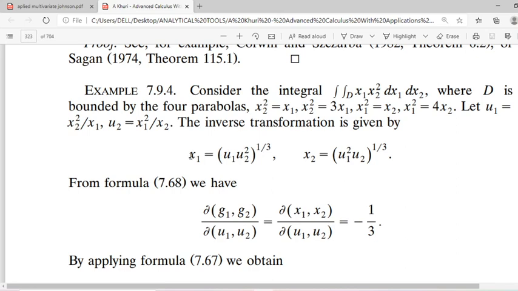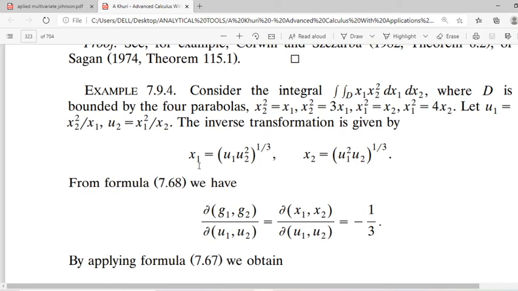So from u1 and u2 we can find that x1 equals u1 u2 square raised to 1 by 3. Similarly x2 equals u1 square into u2 raised to 1 by 3. Then we can differentiate with respect to u1 and u2.